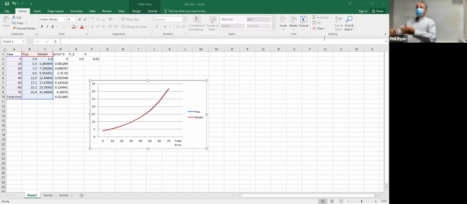So what I want you to do is open up that file and play with the parameters here. Play with 3.9, play with 0.03, change it just a little bit, and see if you can get the sum of errors to less than 0.1.